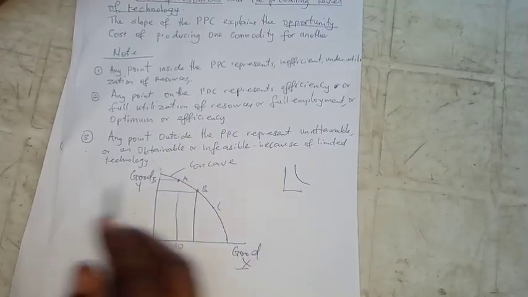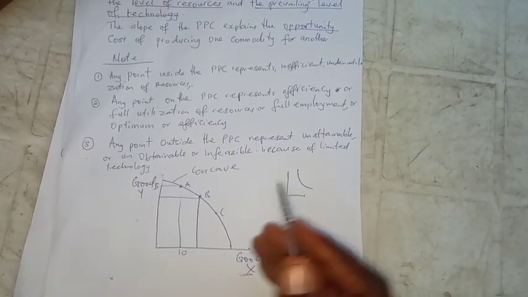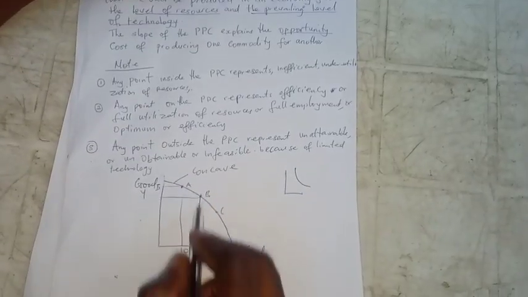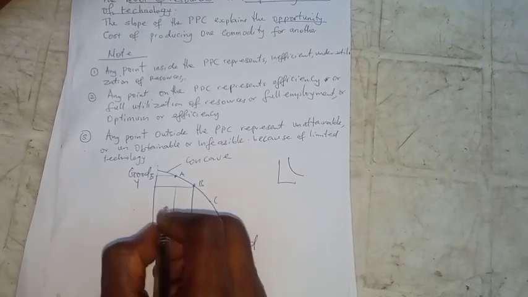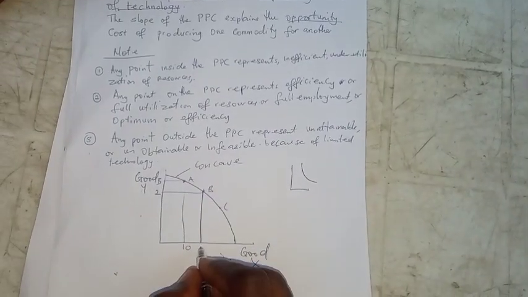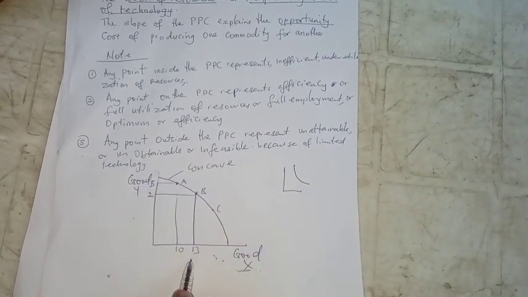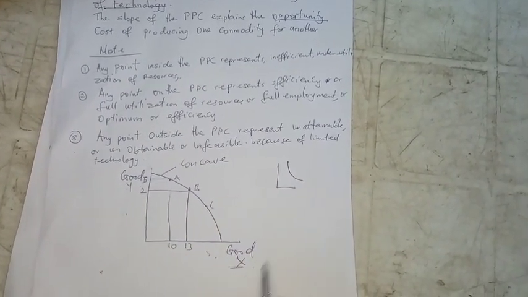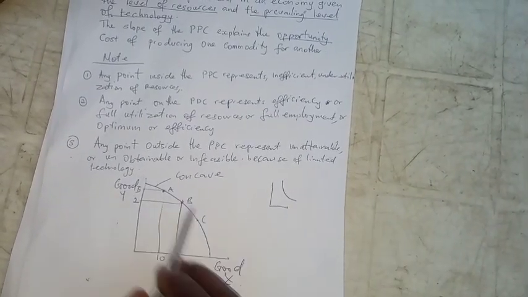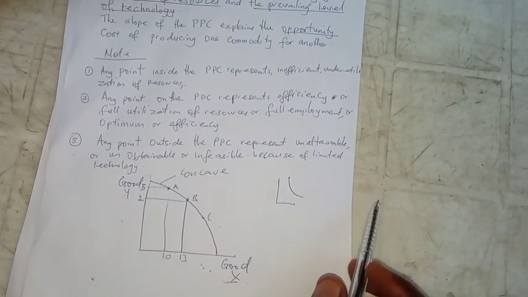I cannot produce the two at an increasing rate at the same time. So that's the presence of opportunity cost. For instance, if I want to produce more of X here, I will have to reduce Y. Let's say I reduce Y to 2, I can produce 13 quantity of commodity X. So that's how opportunity cost works when it comes to the slope of the PPC.